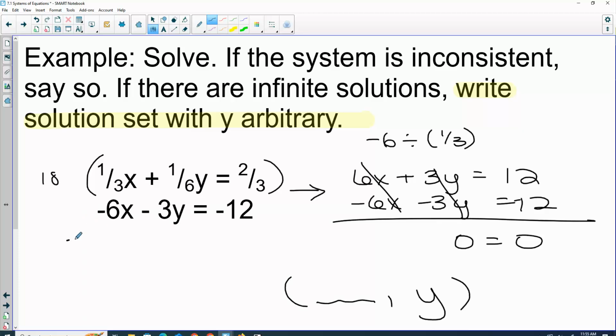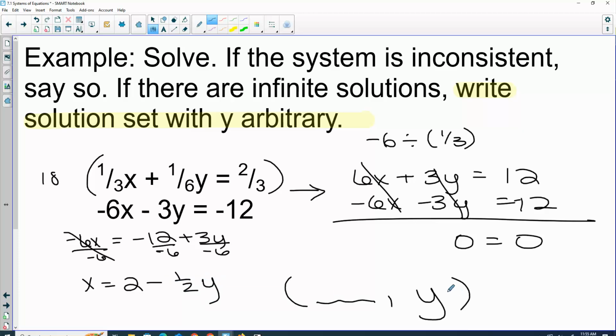So if I took the second one, if I wanted to solve for x, we could add over the 3y. To get x by itself, divide by negative 6. So x is 2 minus 1/2 y. So my expression for x is 2 minus 1/2 y.